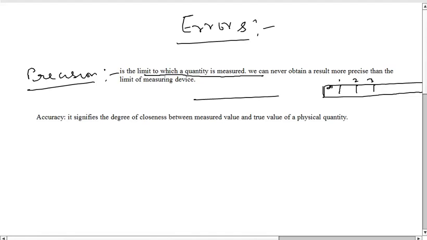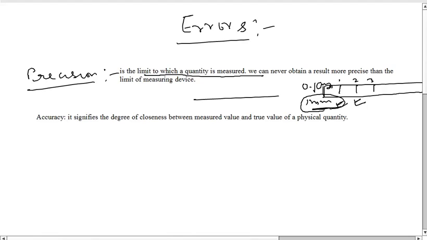At best we can measure 0.1 centimeter or 1 millimeter. This is a limit. If we have a length which is say 0.5 mm, we won't be able to measure it by this scale, because this is the least count of the scale, that is you can measure at best up to 1 mm. A length smaller than that you cannot measure.